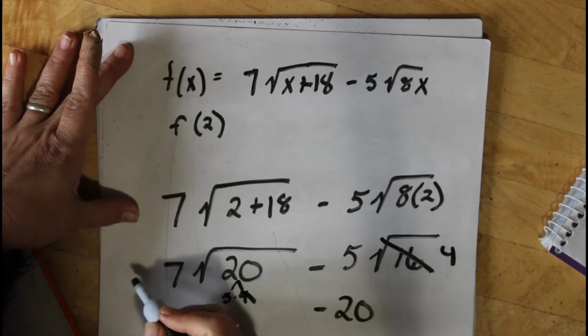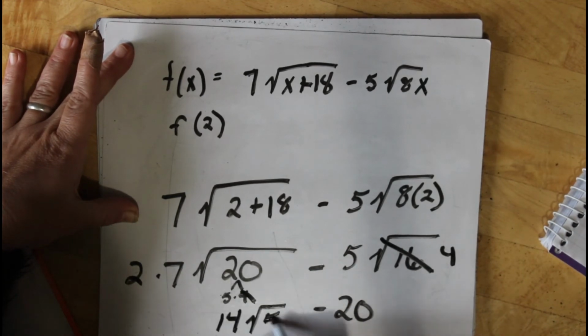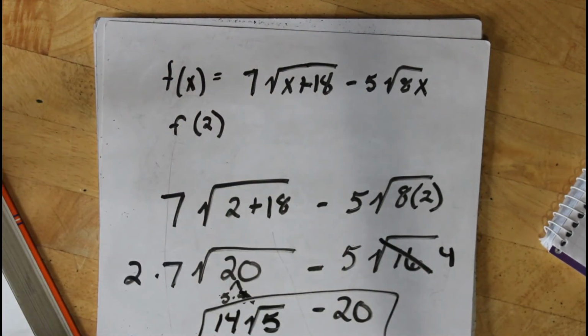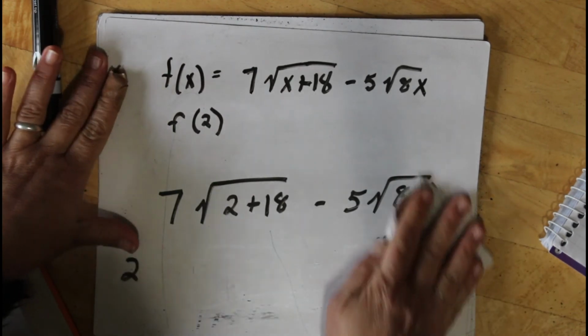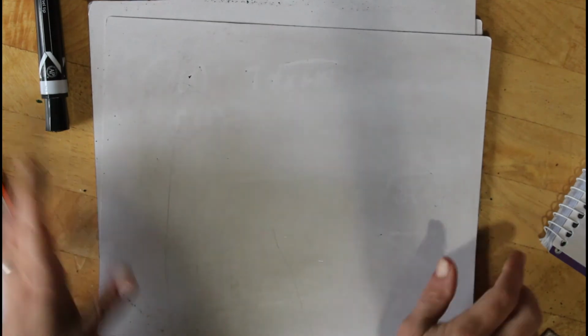The square root of 4 is 2. So 7 times 2 is 14 times the square root of 5. And that's the answer: 14 times the square root of 5 minus 20. That was number 23.